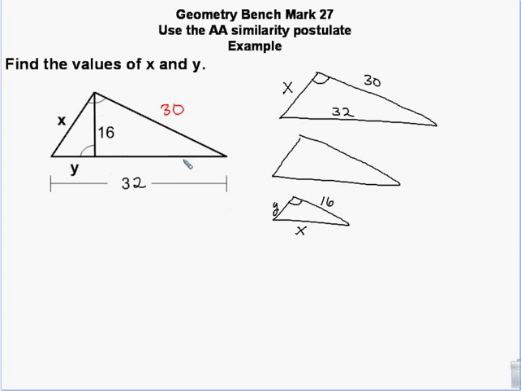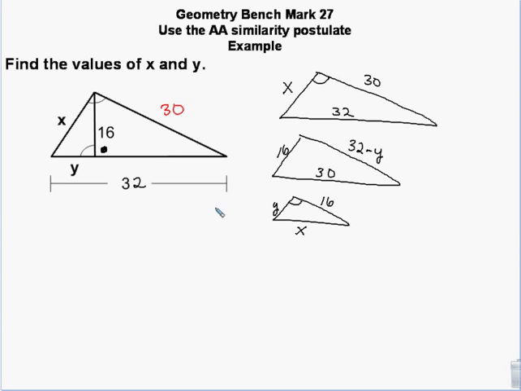And then in my medium triangle, I don't know for a fact that this angle matches those. It's not marked. But I'm going to go ahead and say the short leg is 16, the longest leg is 30, and then this leg right here is 32 minus Y.